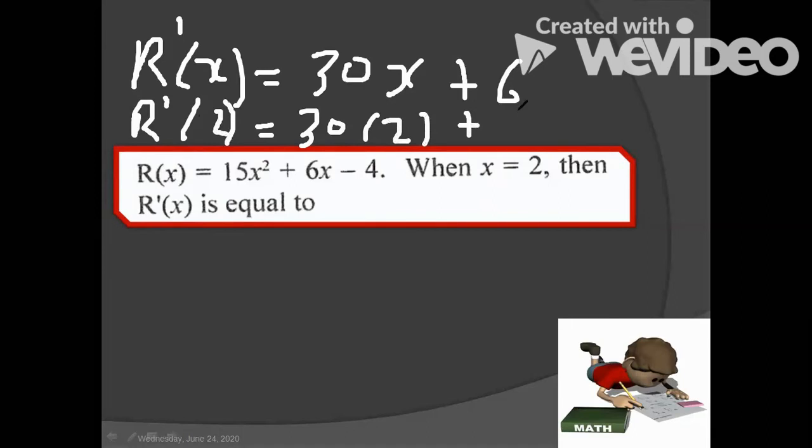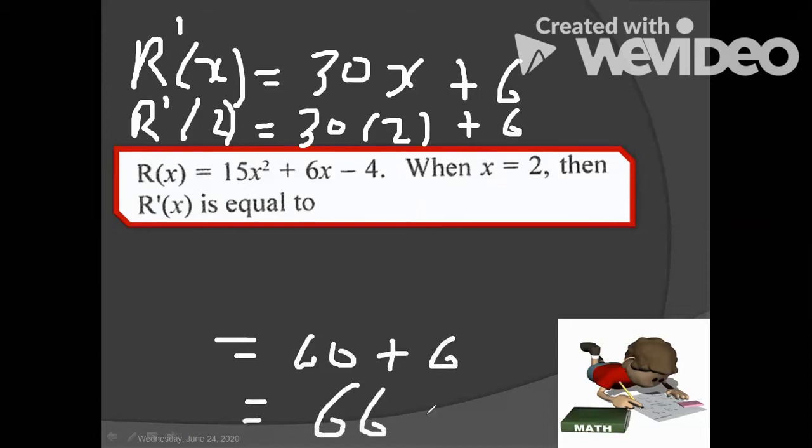So when we get our answer now, 30 times 2 is what? It's 60. 60 plus 6 will give us 66. So r prime is equal to 66. Now they didn't tell us what they want to find, but it would look like a gradient question, but we wouldn't know.